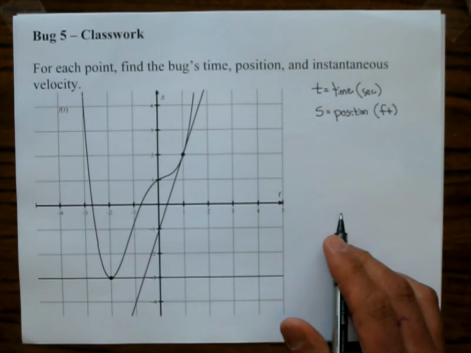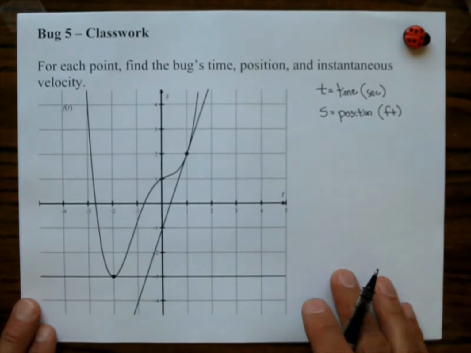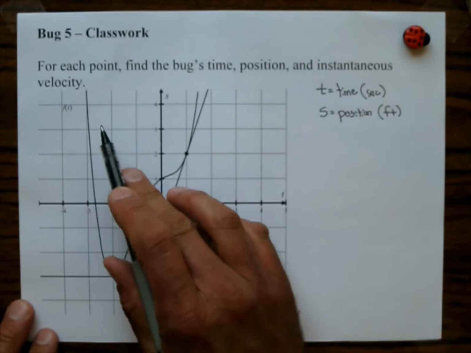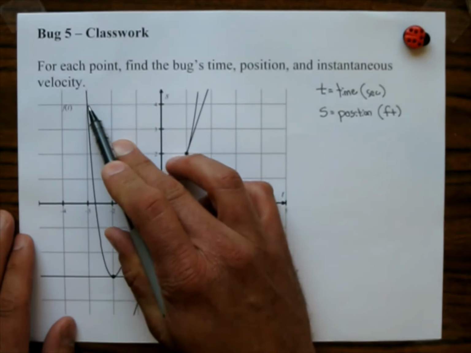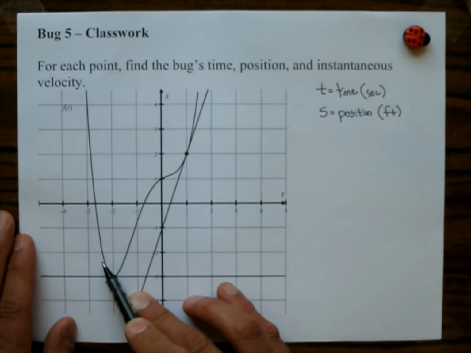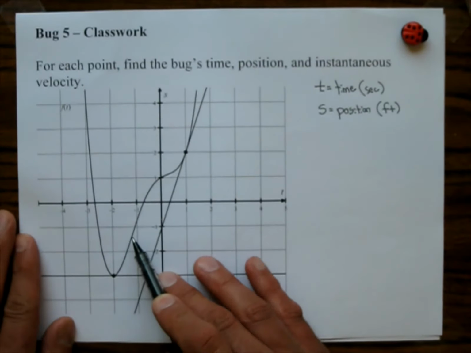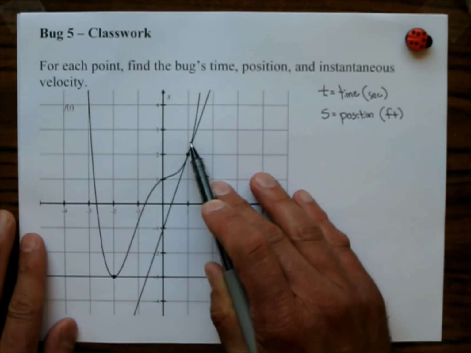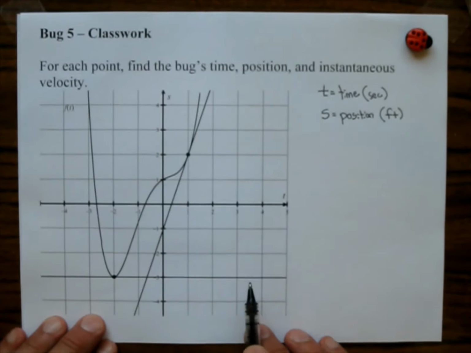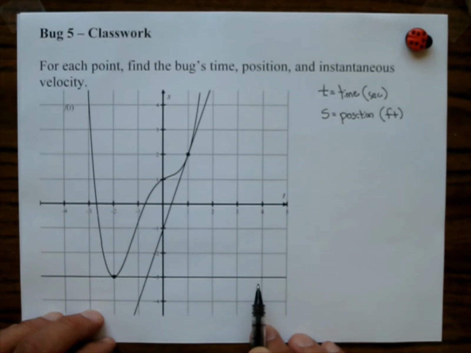So here's the bug, moving on a number line, and this graph here, f of t, comes down like this, and goes up there. There are some other lines on there, and we'll talk about those lines pretty soon.